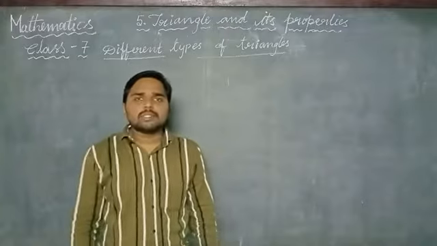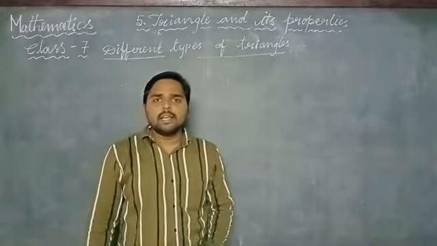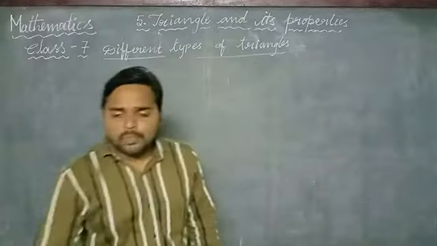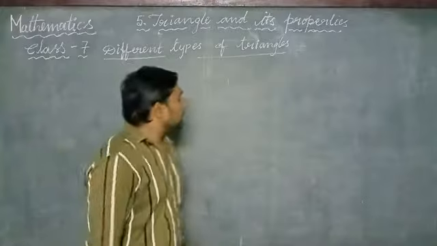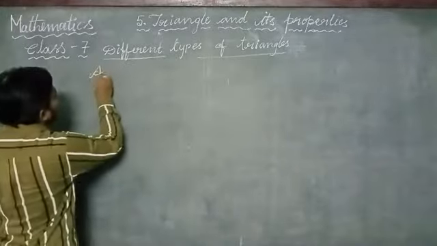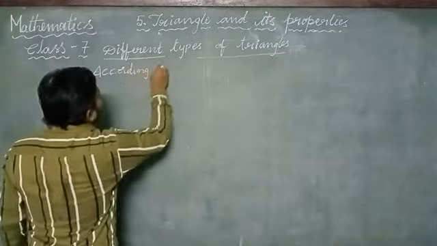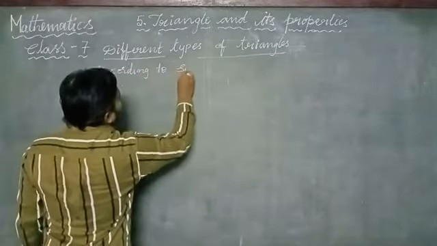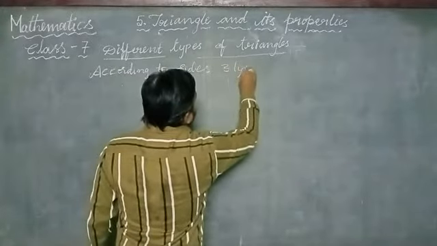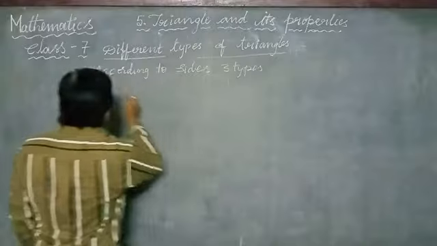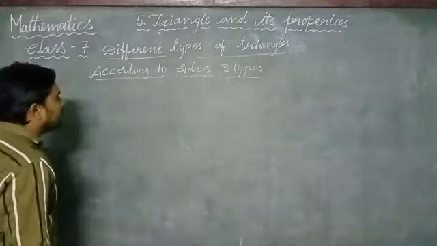According to sides, the triangles are 3 types, and according to angles, the triangles are 3 types. Now let us see the different types of triangles based on the sides. According to sides, there are three types of triangles.